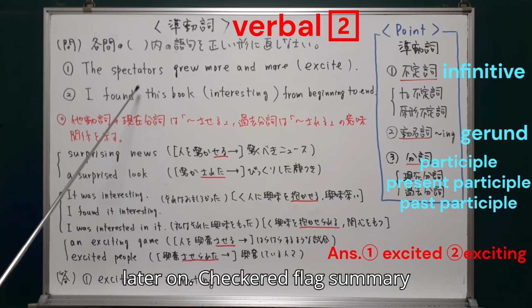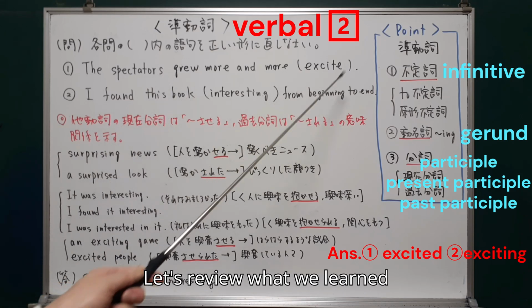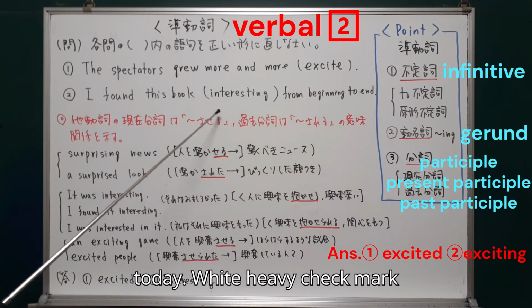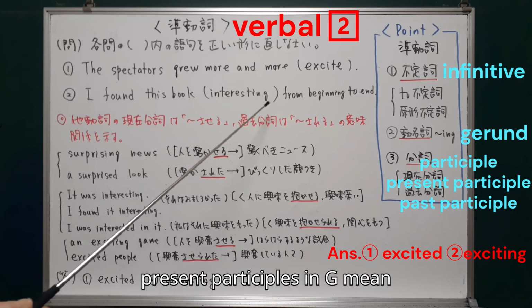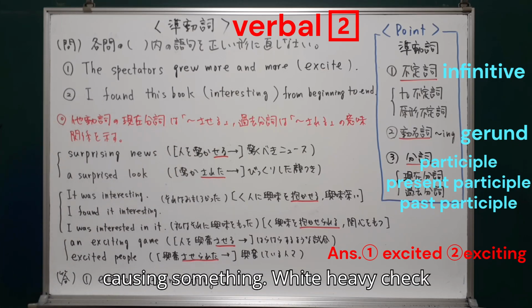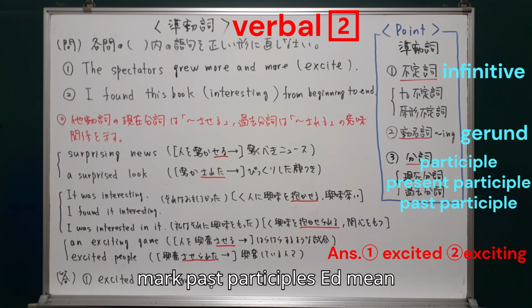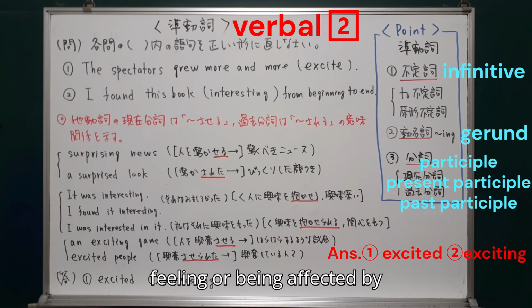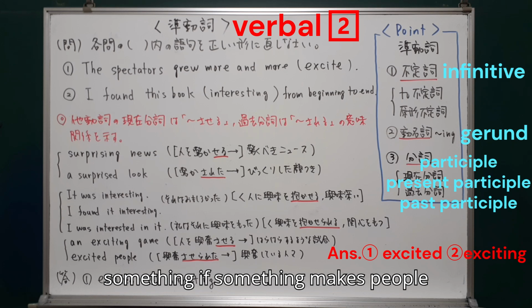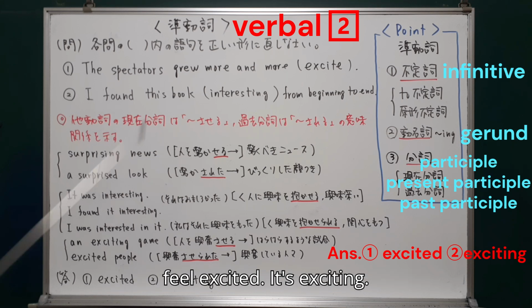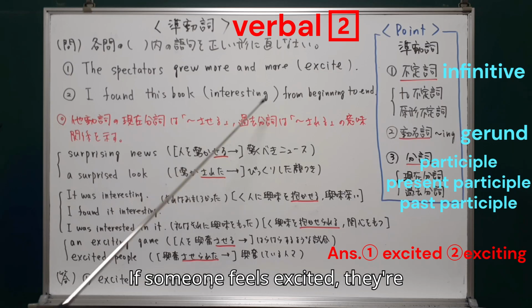Summary. Let's review what we learned today. Present participles, ing, mean causing something. Past participles, ed, mean feeling or being affected by something. If something makes people feel excited, it's exciting. If someone feels excited, they're excited.